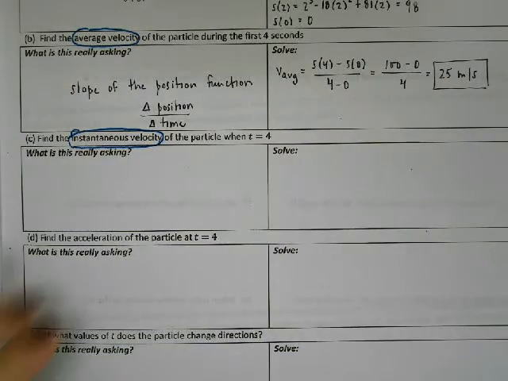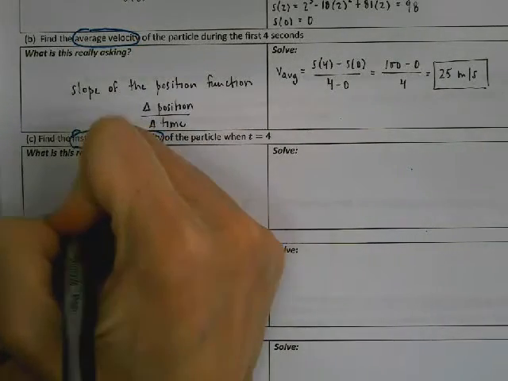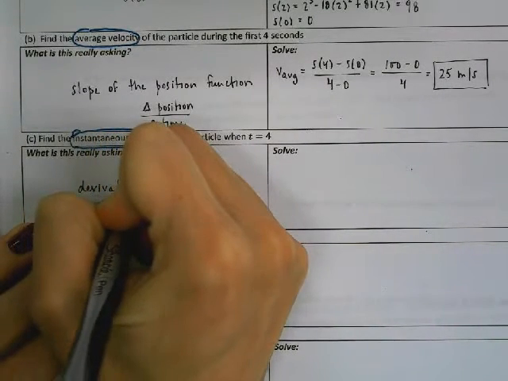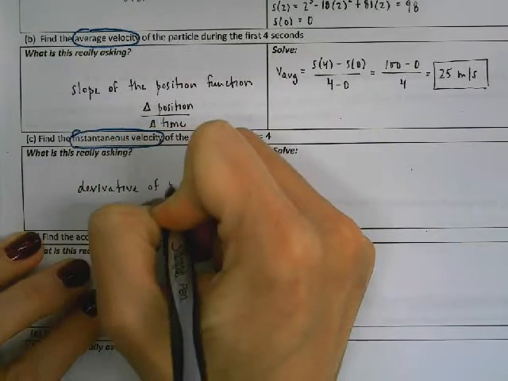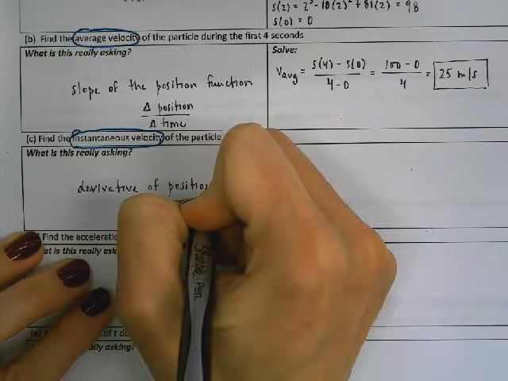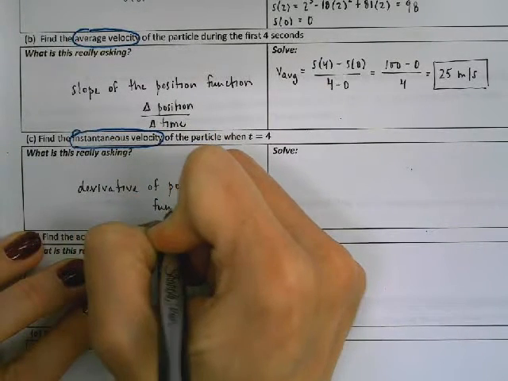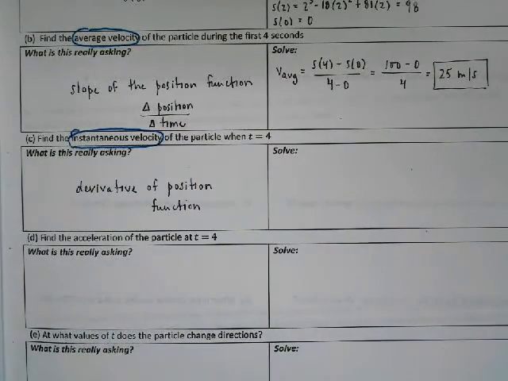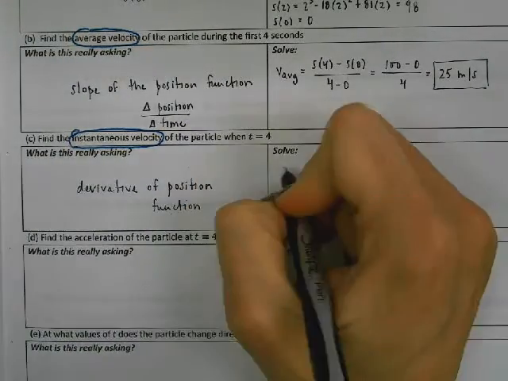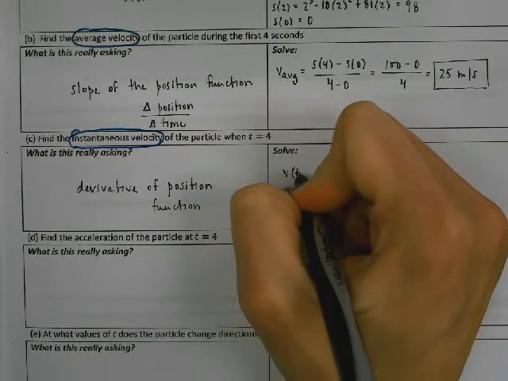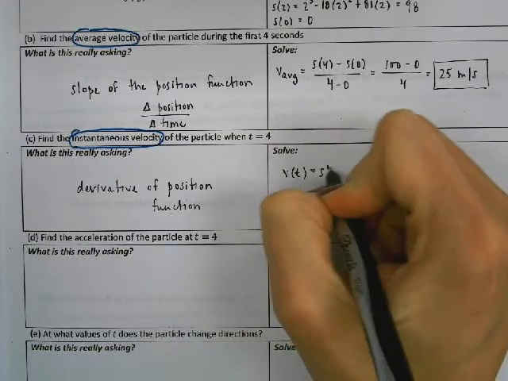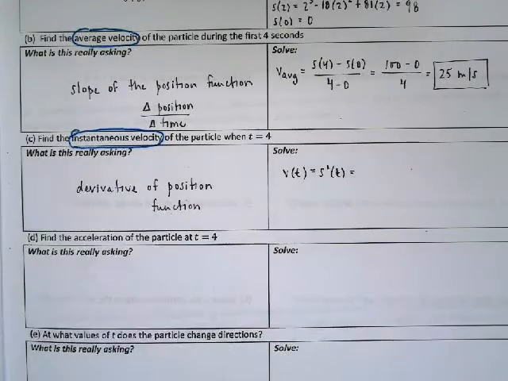To find that instantaneous velocity, I'm really asking to find the derivative of the position function. That's going to give me the instantaneous velocity. So the first thing I'm going to do is find my general velocity formula, which is the first derivative of position.